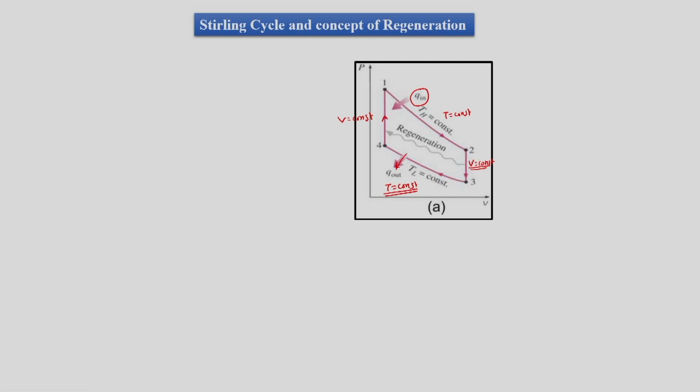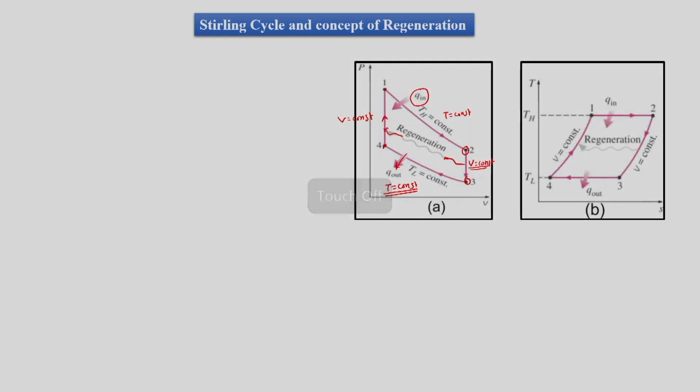So practically in Stirling cycle, process 2 to 3 is a constant volume process. It is rejecting heat, and that heat is gained by the same system, part of the system which is executing process 4 to 1. So this concept is called regeneration, where we are transferring heat from one part of the system to the other part of the system.